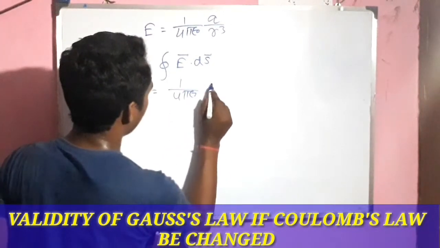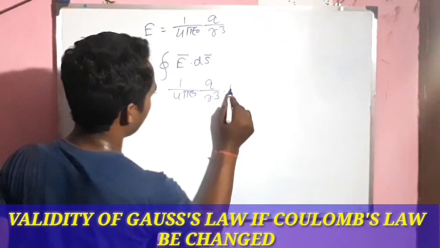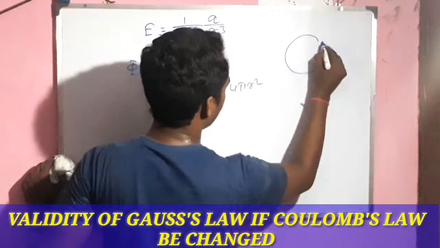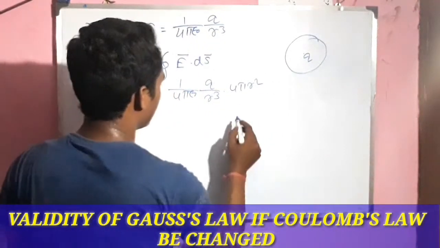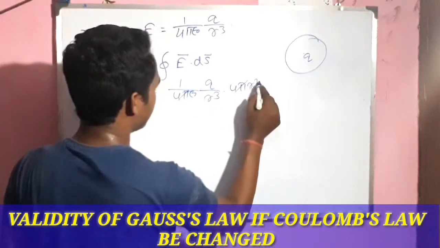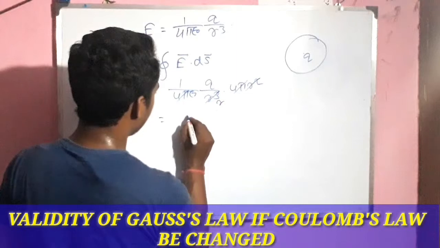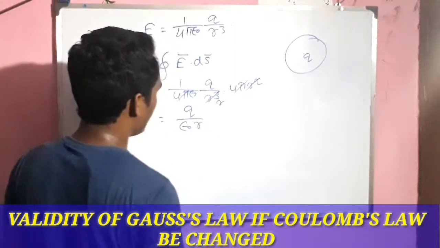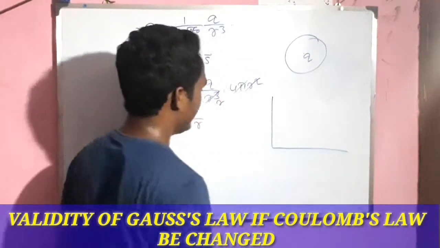It is 1 by 4 pi epsilon naught q by r cube into 4 pi r square, the total area of the sphere. In that case 4 pi cancels, r square is cancelled by r, and the result is q by epsilon naught r.